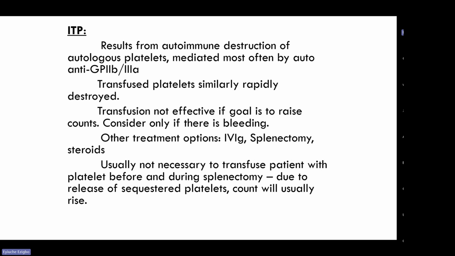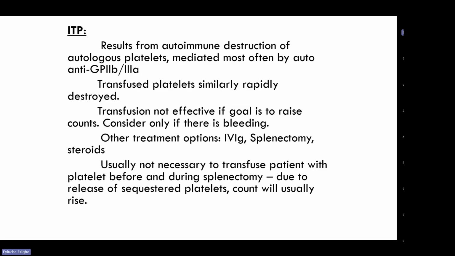So this is a situation where there is autoimmune destruction of a patient's platelets. That is, the immune system of the patient is destroying the patient's platelets. So that even if you add more platelets to the patient, the immune system of the patient will also destroy them.